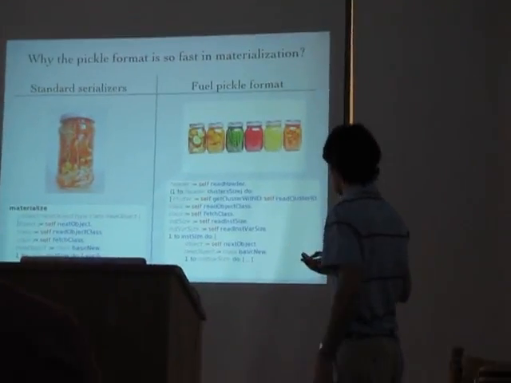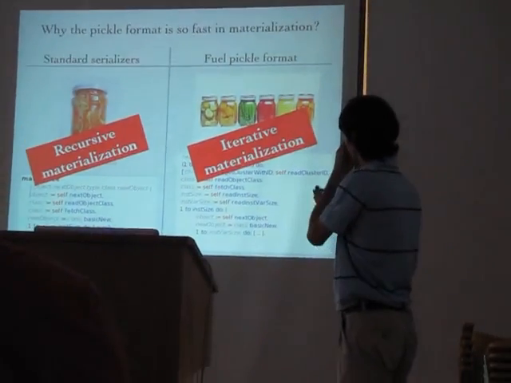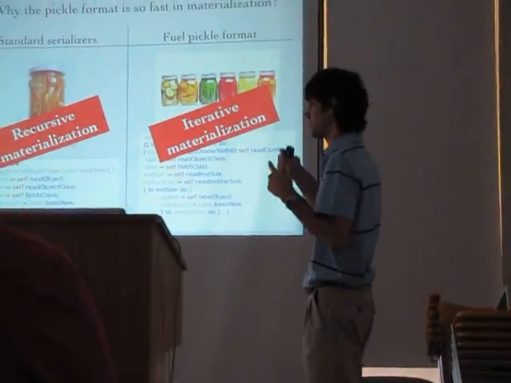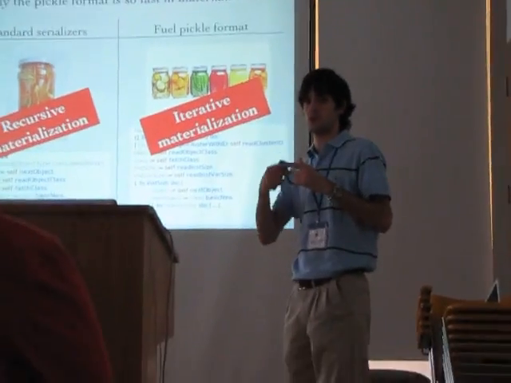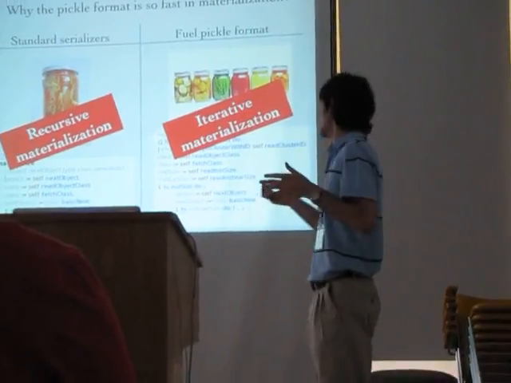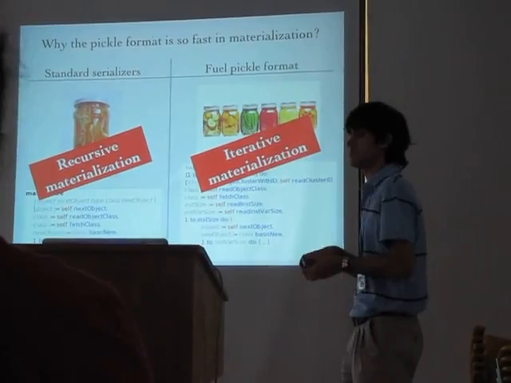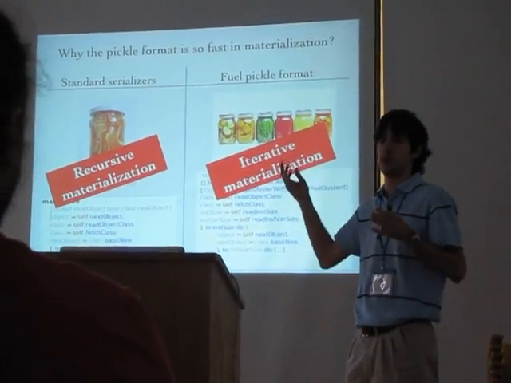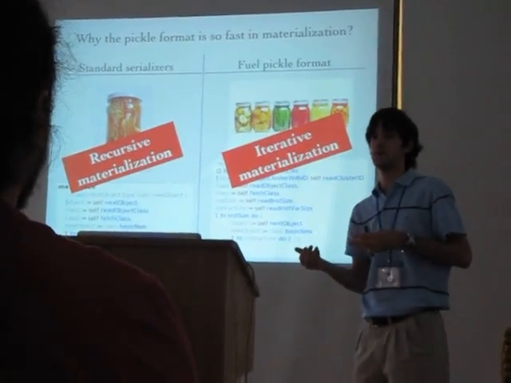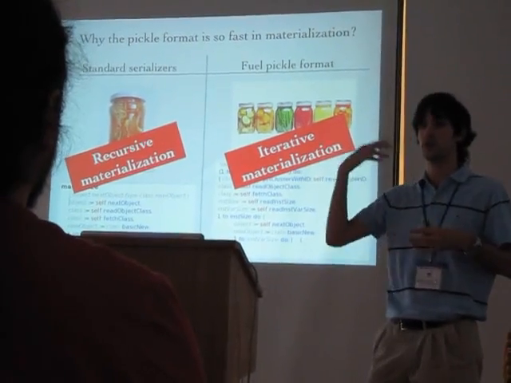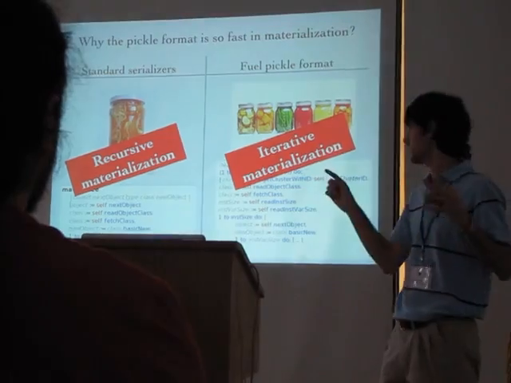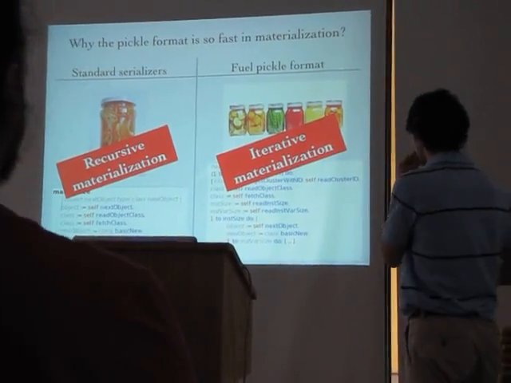So the key point is that with the standard serializer, we have recursive materialization for the graph. On the contrary, with Fury, we can do it iteratively. So we just loop and recreate the object, and then we fix the references. And that is much faster than having to materialize the graph in the way it was serialized.